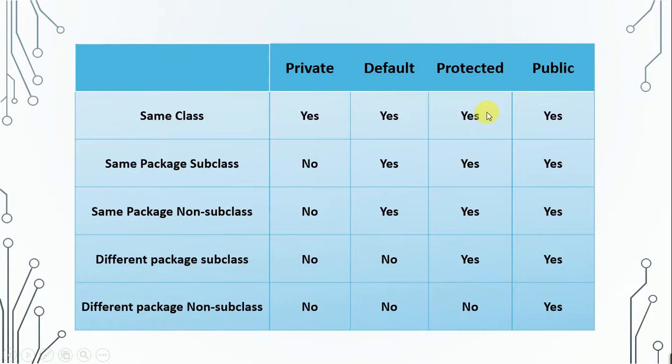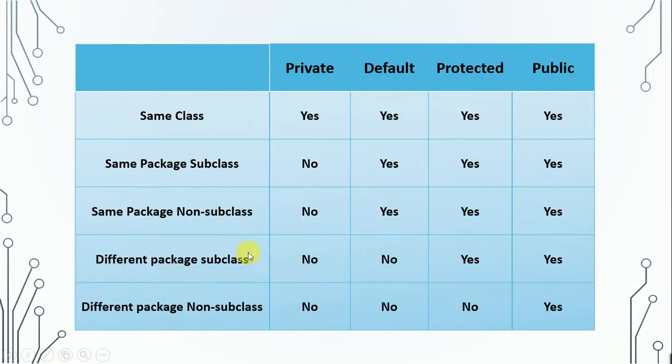Then come to protected. Protected is basically focused on inheritance. Protected can be accessed in the same class, in a subclass of the same package, in a non-subclass of the same package, and also in a subclass of a different package.